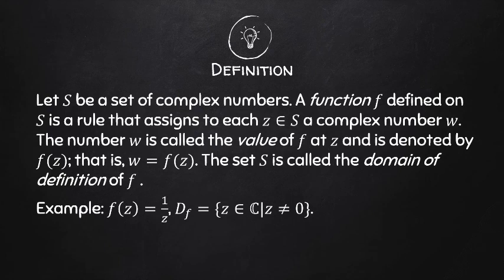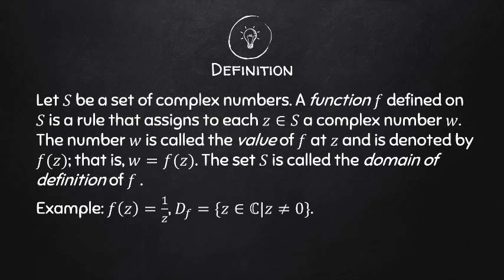The number w is called the value of f at z and is denoted by f(z), that is, w equals f(z). The set S is called the domain of definition of f.